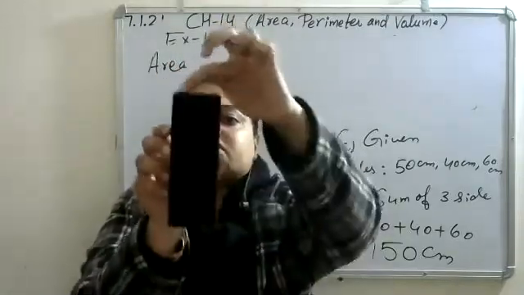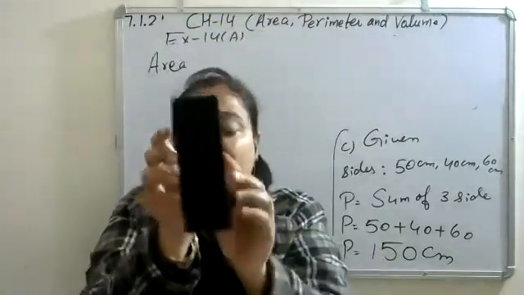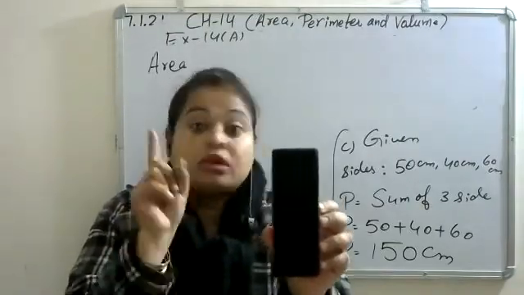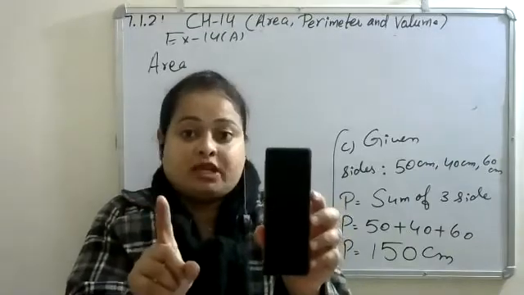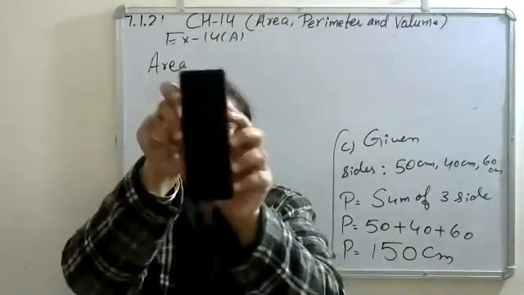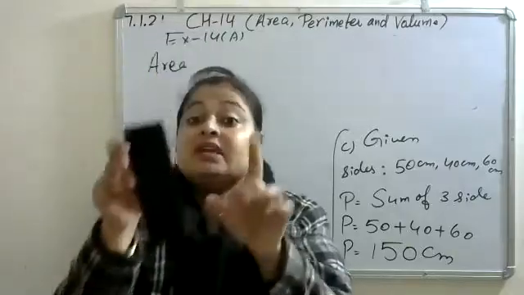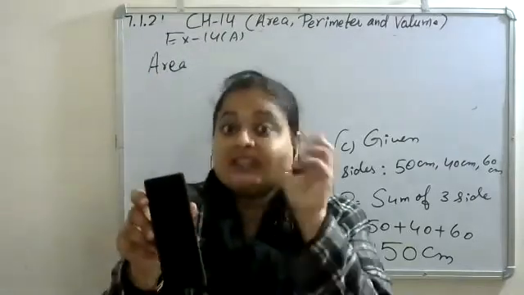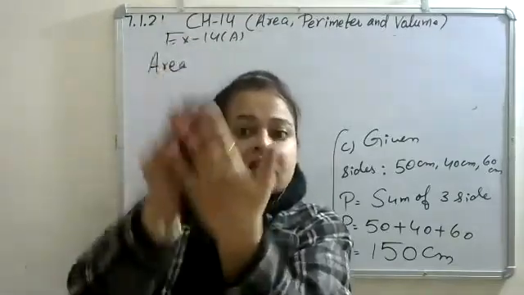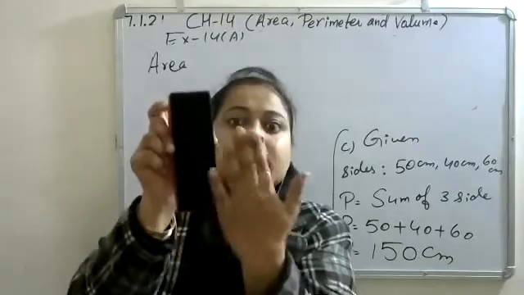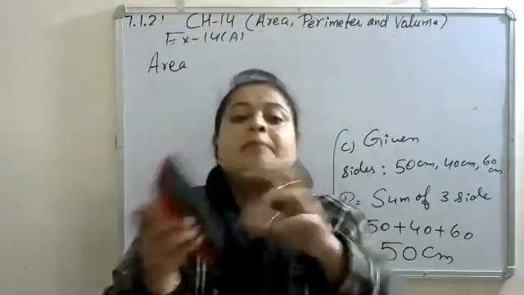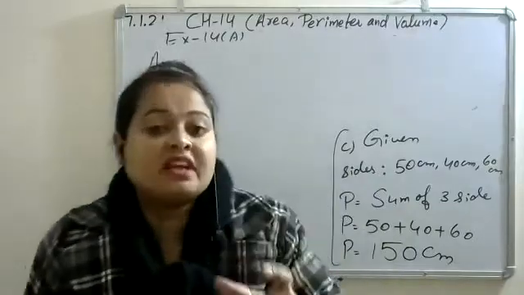This is known as outer boundary. Don't be confused between perimeter and area. Listen to me very carefully. If I am talking about the outer boundary, it means perimeter. But if I am talking about this inner surface, it means the concept of area. This is the basic difference between perimeter and area.